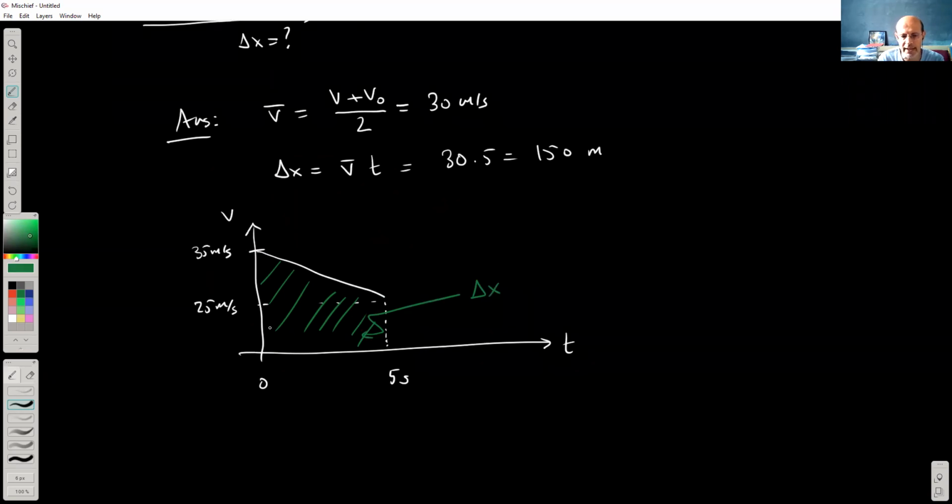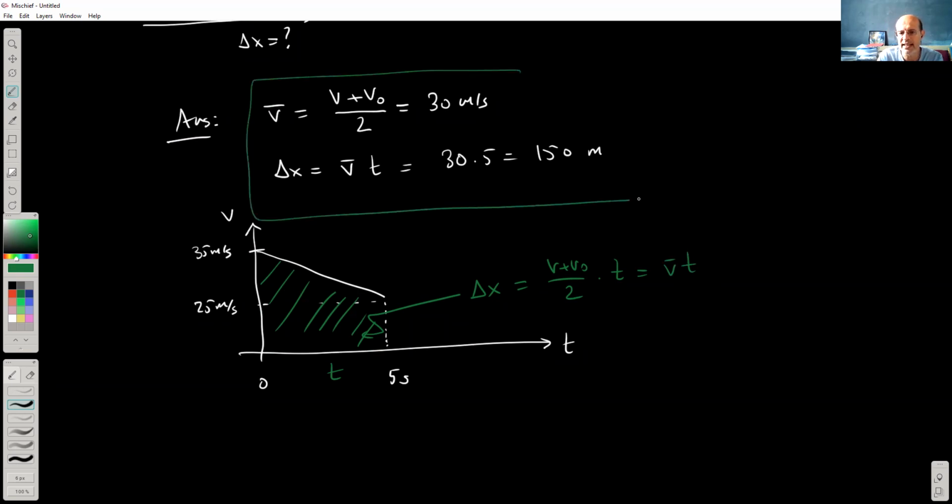How do you compute it? Well, that's just a trapezoid. So you just take the arithmetic average of these two bases, which is (v plus v0) over 2, and then multiply with the height in here, which is the time. Well, this is basically the same formula, right? You're doing the same thing in here. So it's this calculation in here, but you're just drawing some extra graphs and then trying to solve a geometric problem, right? Let me just say that.